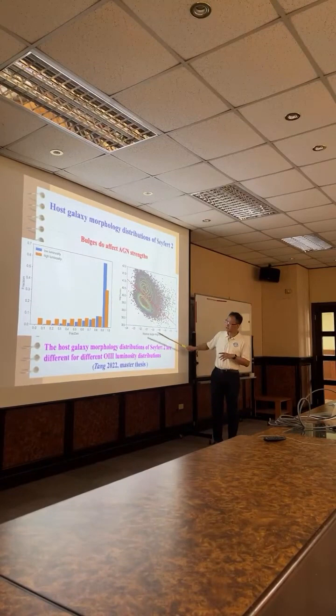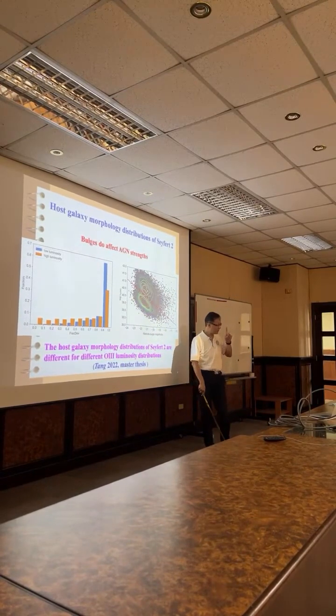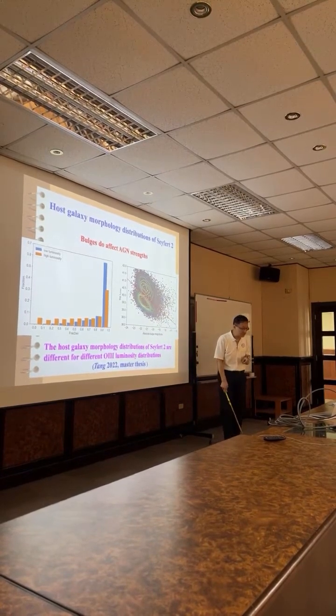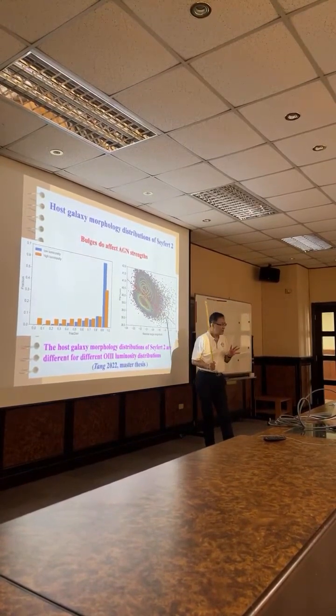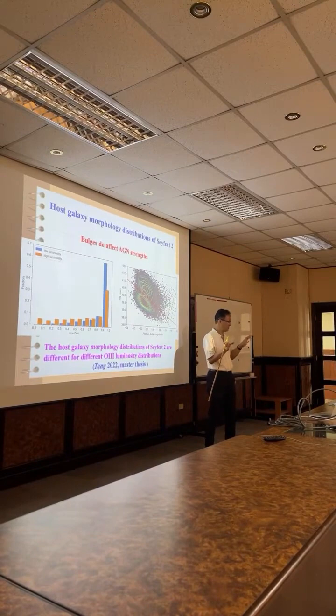So if we assume there is some relation between the line width and the black hole mass, and if the velocity of oxygen III is related to the mass of the black hole, then there are two distributions of the black hole mass. Of course, this is more complicated because the two distributions might be caused by gas. You might have two different gases.